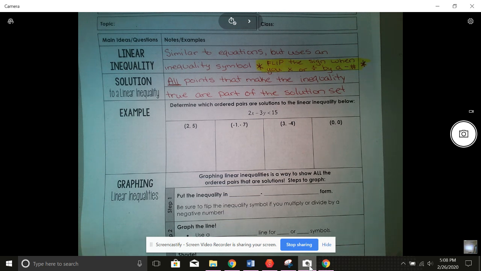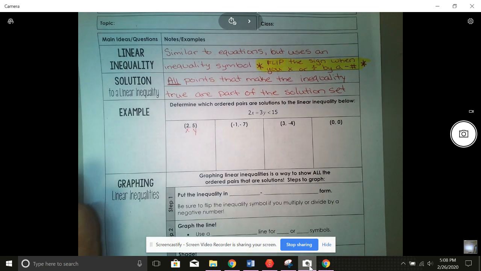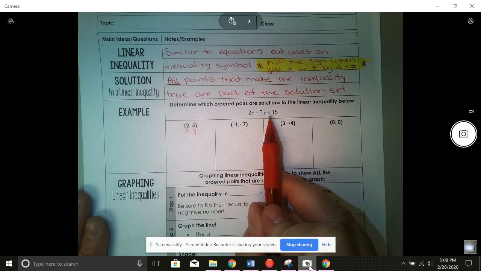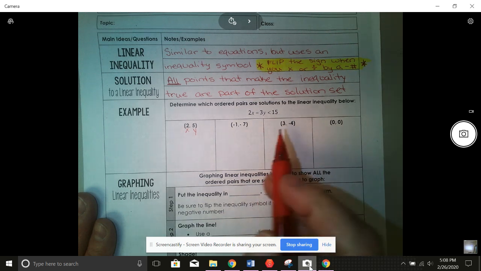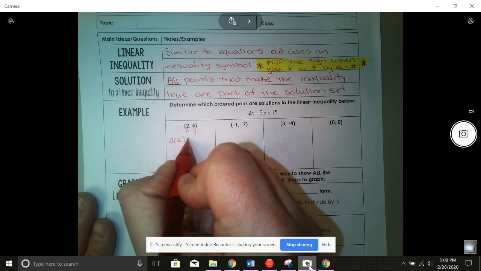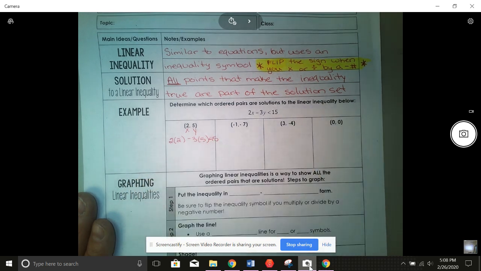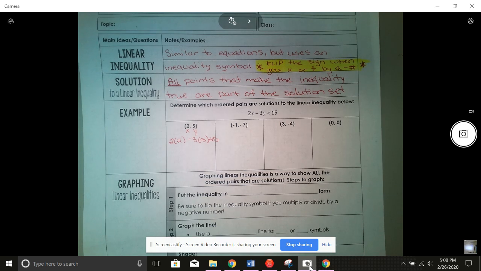Okay, so let's do a little conceptual understanding here. Our first set of directions say, determine which of these ordered pairs is a solution to this linear inequality. So remember that every ordered pair always is an x and a y. So if we take 2x minus 3y is less than 15, and we replace the x with a 2 in this case, and the y with a 5, we are going to see if this inequality still comes out true.